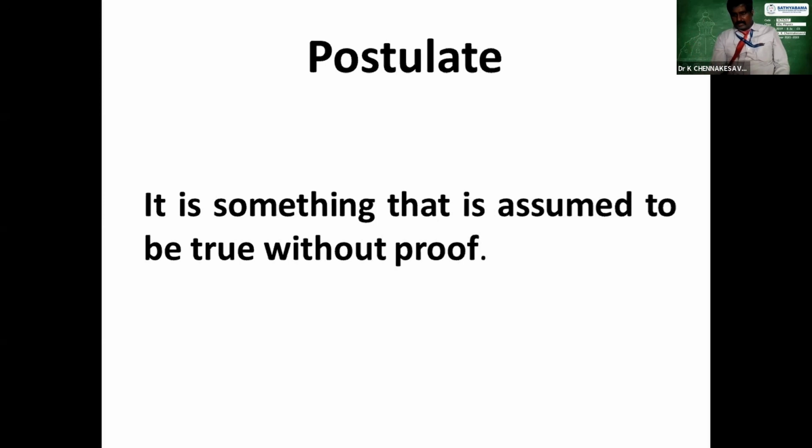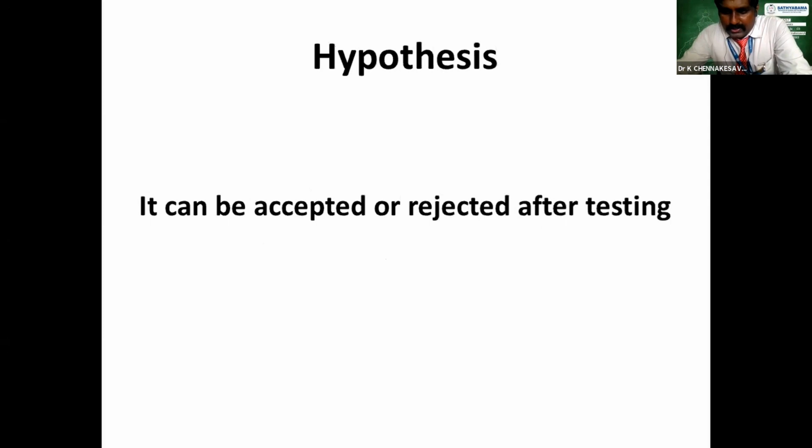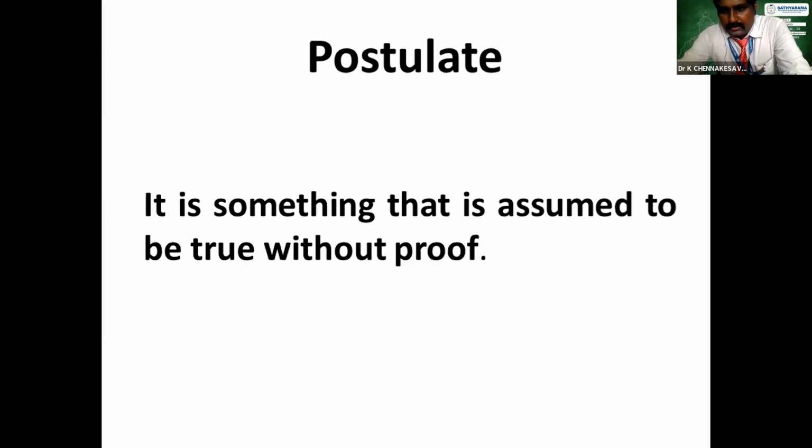And if you come to the postulate, we are assuming and the assumed thing is correct or it is true. Okay, that is what a postulate. The difference between hypothesis and postulate is this. There is no way, and without any proof, just we are assuming but we are thinking that it is true. Okay, that is postulate.